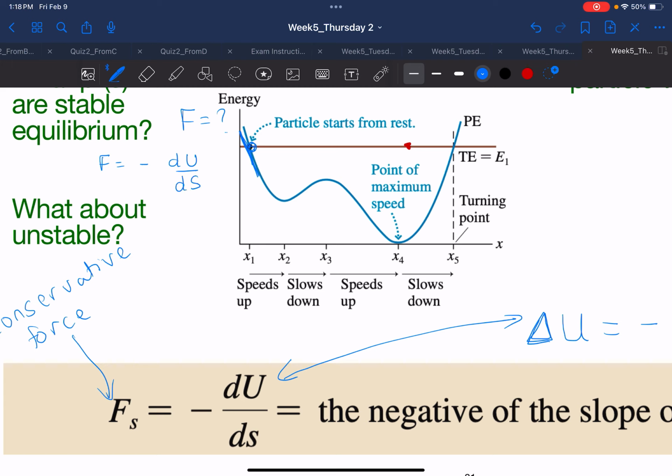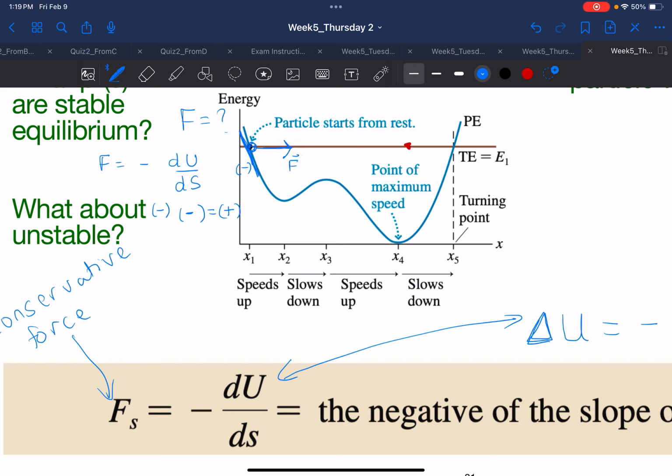Well, we see the fact that dU/ds here is negative because this is a downward slope at this point. So basically the force is a negative quantity times the minus sign in front, and this tells us that the overall force is positive in this case, meaning pointing to the right.